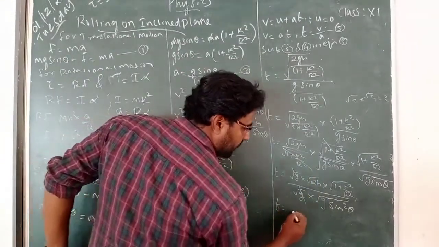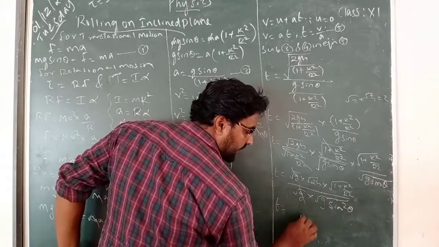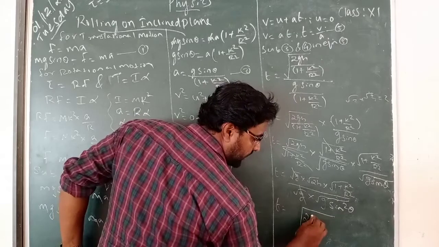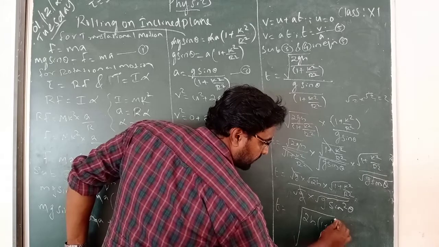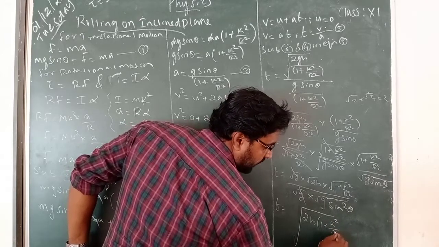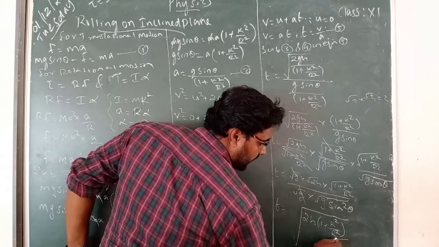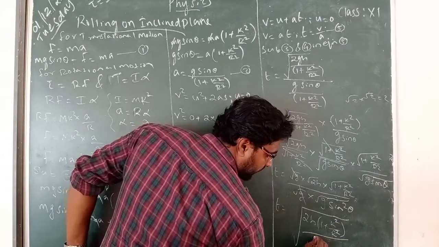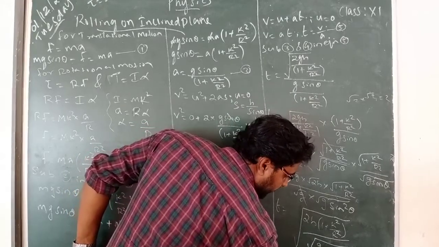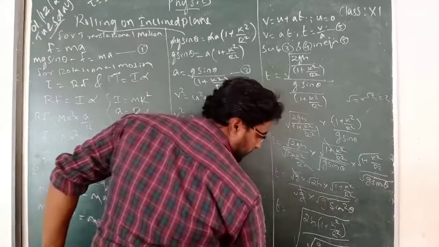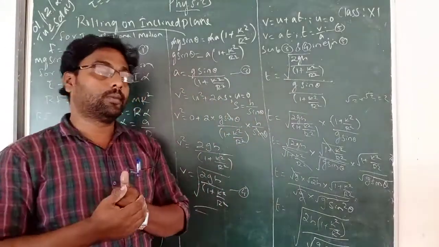Now t is equal to root of 2h into 1 plus k square by r square, the whole divided by root of g sin square theta. So this is the time taken for the object to roll down.